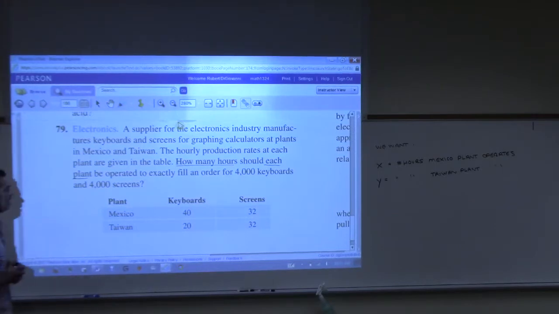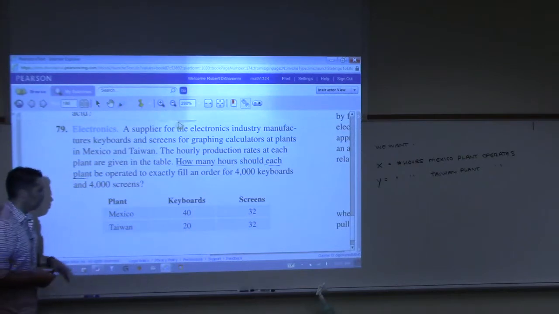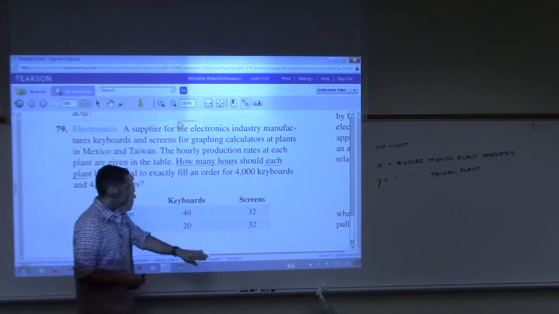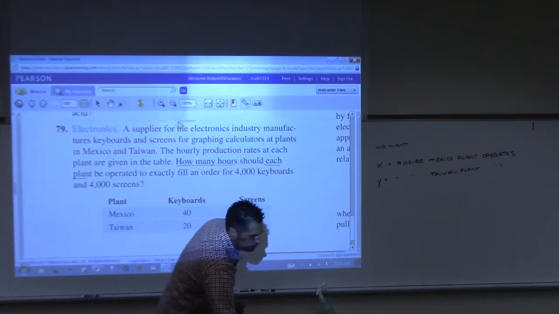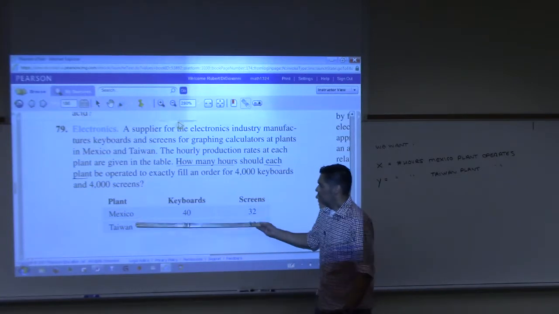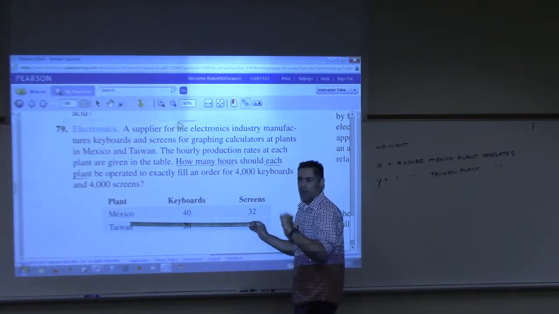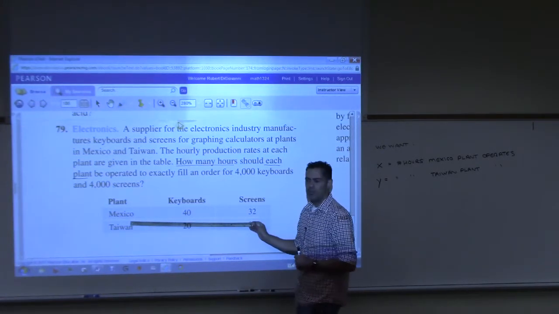Now, how can I understand what this table is telling me? Mexico, 40 keyboards, 32 screens. What does that mean? Just that first line up there. This first row says that in 1 hour, the Mexico plant can produce 40 keyboards and 32 screens.